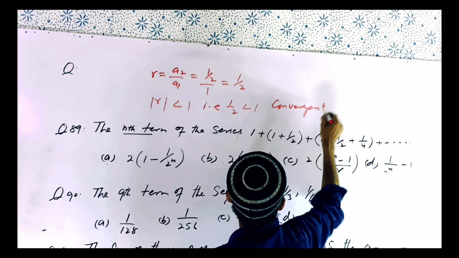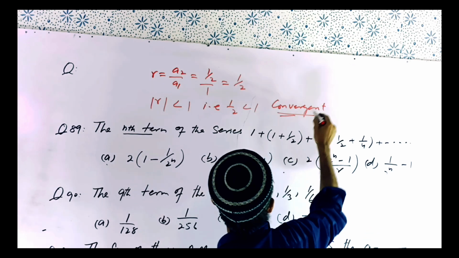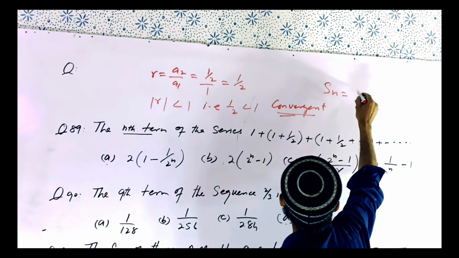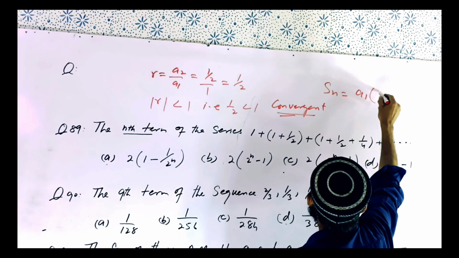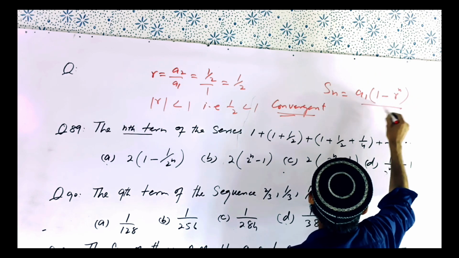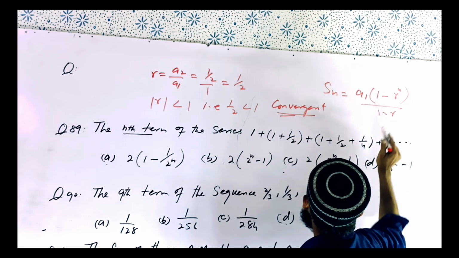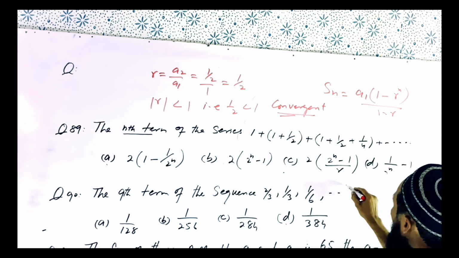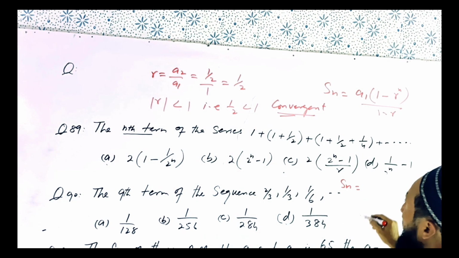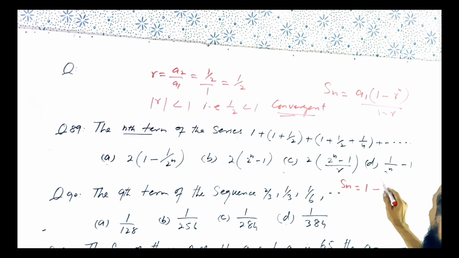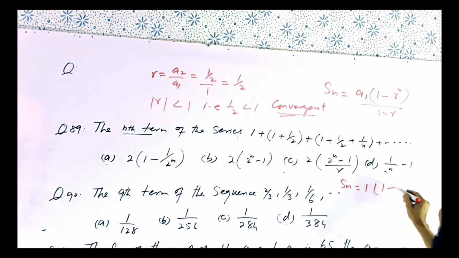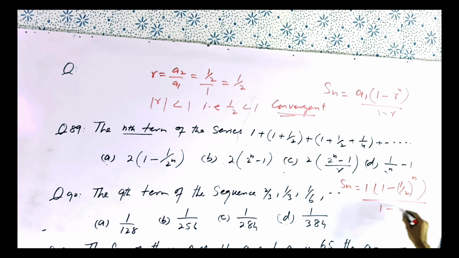For a convergent series, if we are finding the sum, Sn is equal to a1 into 1 minus r power n divided by 1 minus r. In this formula, a1 is equal to 1 and r is 1 by 2, so we have 1 minus 1 by 2 power n divided by 1 minus 1 by 2.